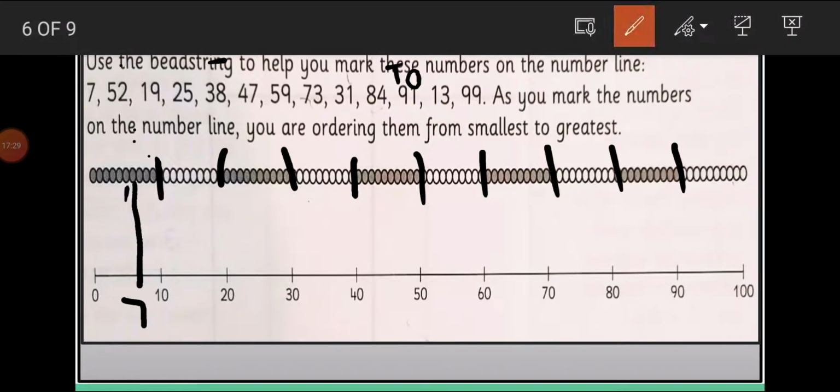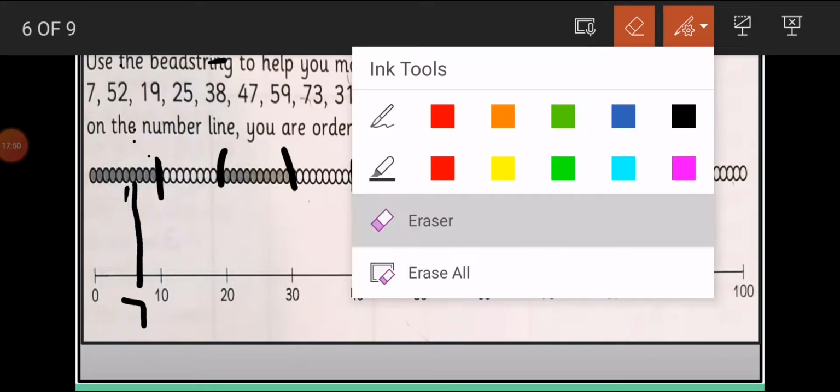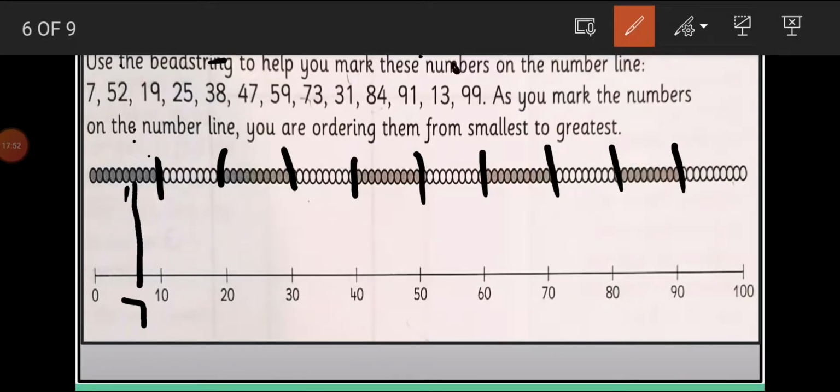Next number is 13. So put O on 3 because 3 is the right side digit, and we'll put the first value, that is ones, on 3. The next number is 1 and I'm going to put T for tens on number 1. Now again, I'm going to write it neatly.